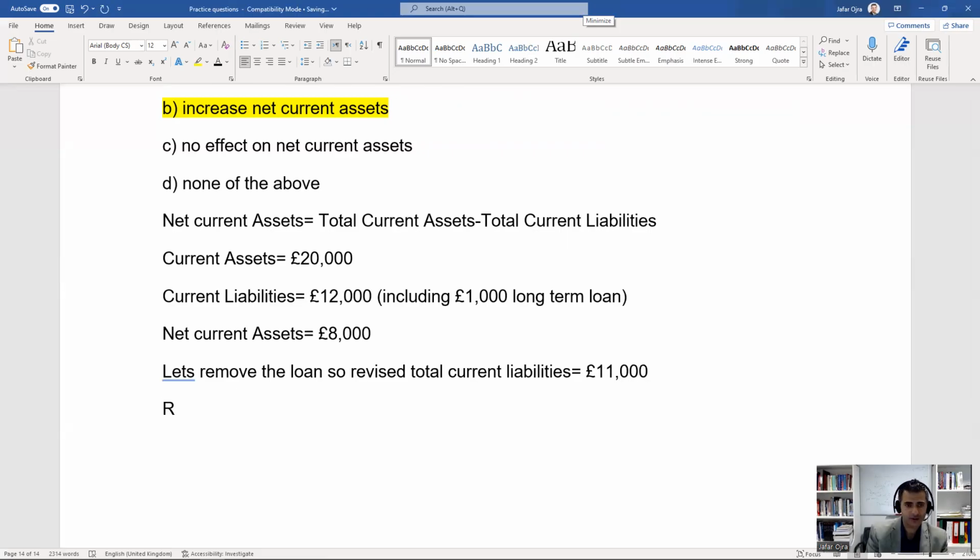So now the revised net current assets, how much would it be? It would be 20,000 minus 11,000, and that makes 9,000.